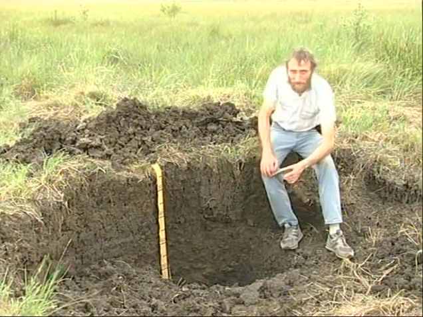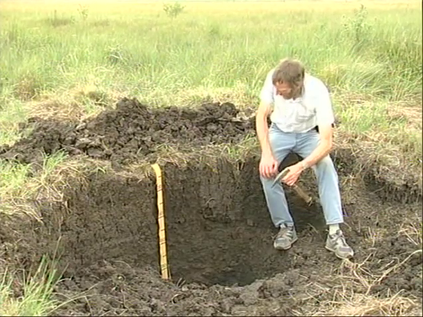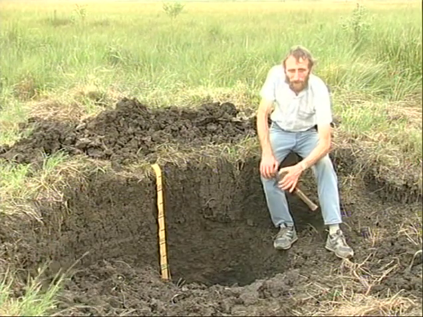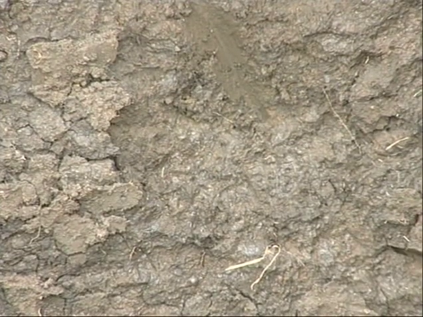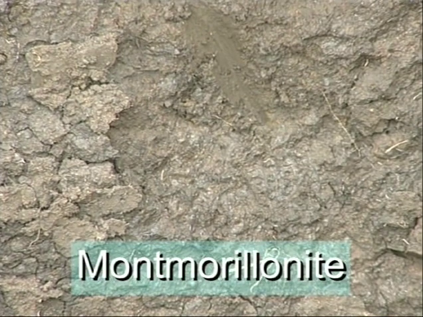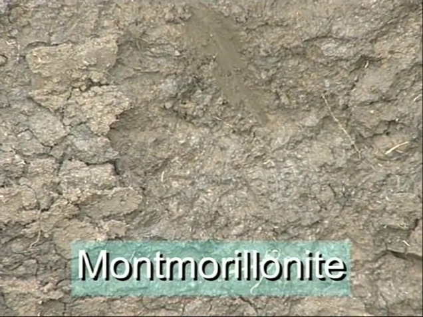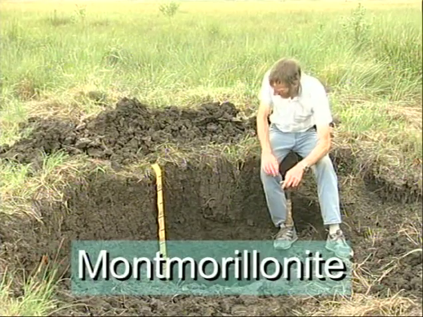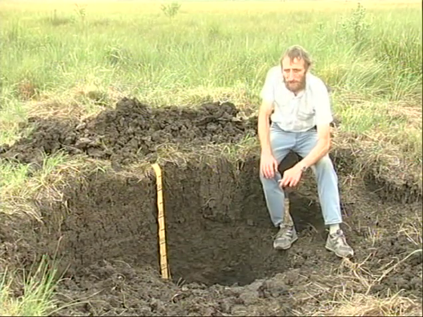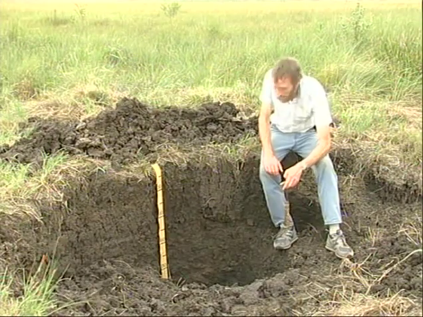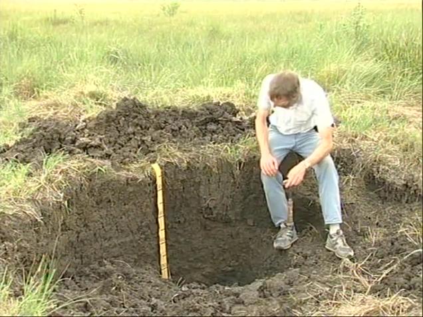The characteristics of the Vertic topsoil are a very high content of 2-to-1 shrink-swell clays, especially montmorillonite. The clay shrinks in the dry season and swells in the wet season. This shrinking and swelling gives these Vertic soils very particular properties which we can talk about in a minute.